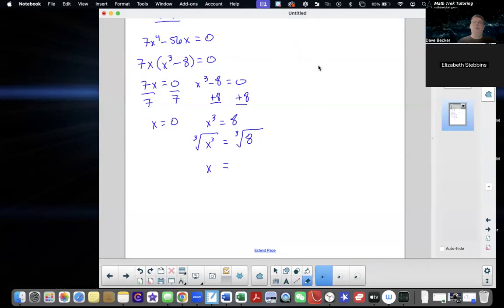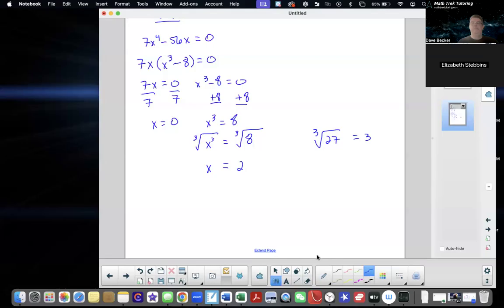Or a cube root is what number multiplied by itself 3 times equals 8. So you could just try out numbers. In this case, it's 2 because 2 times 2 times 2 is 8. 3 times 3 times 3 is 27, so the cube root of 27 is 3.